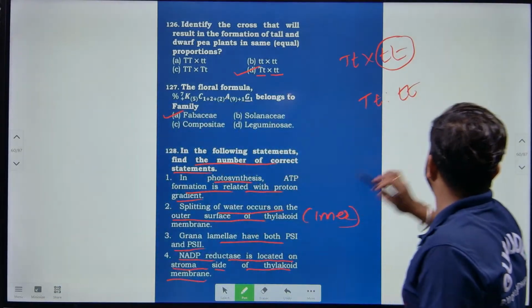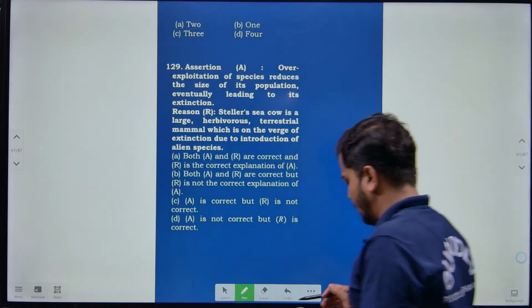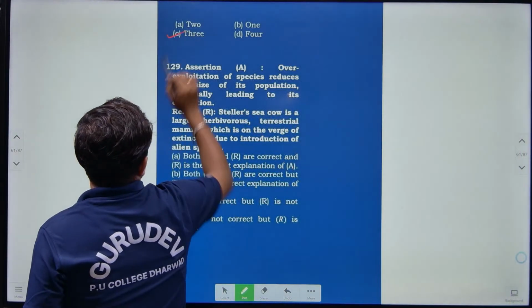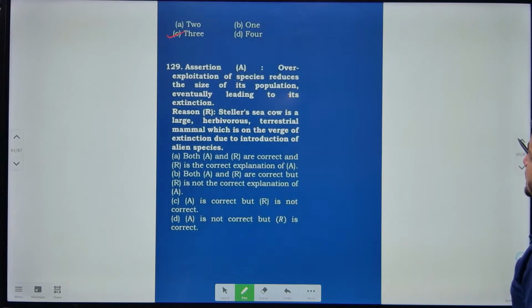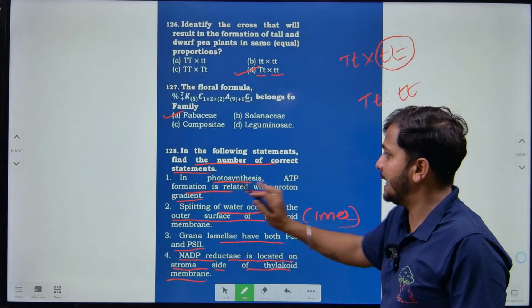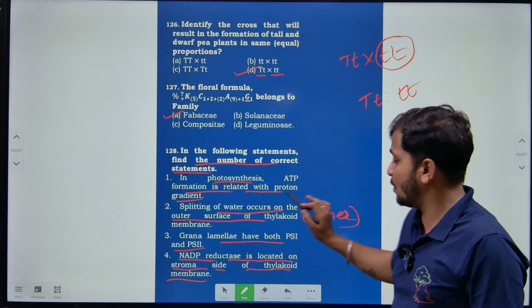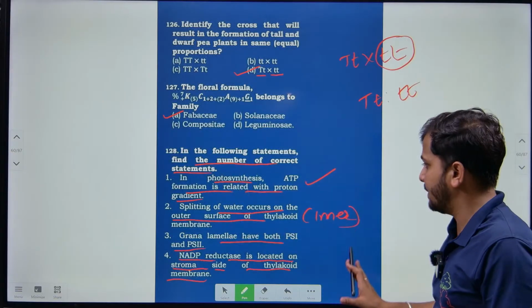So according to this, if you find out the options, actually 3 of them are correct. If you consider the previous type of question, in photosynthesis ATP formation is related with proton gradient concentration, the chemiosmotic hypothesis of ATP formation, right?